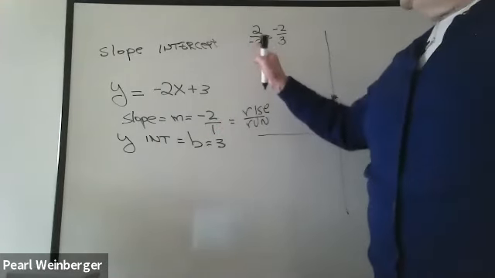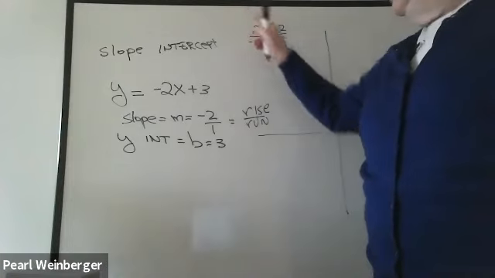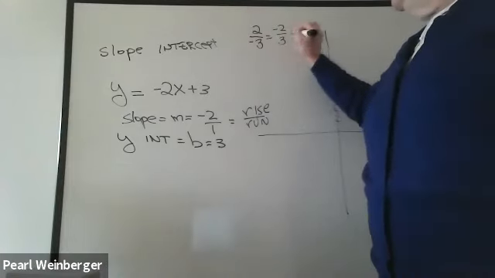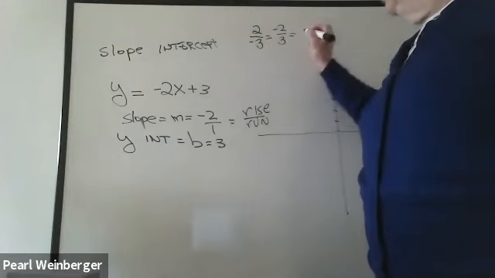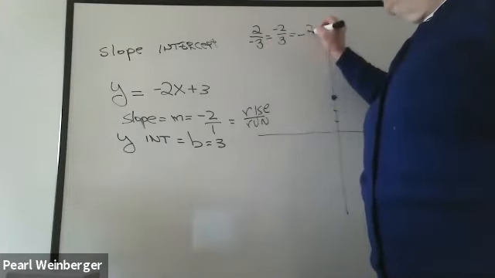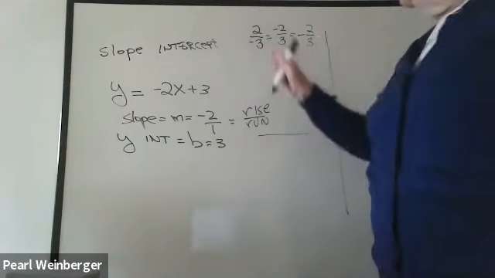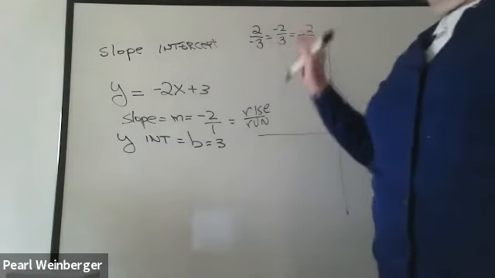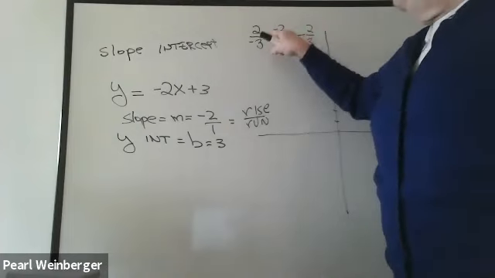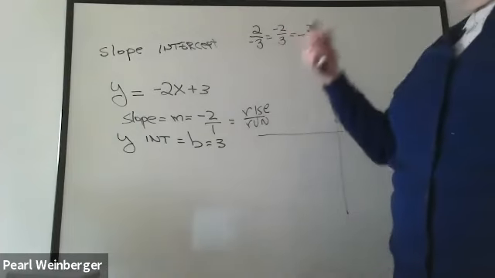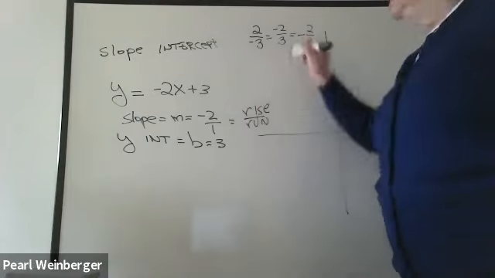These all mean the same thing: 2 over negative 3, negative 2 over 3, or even a negative in front of the fraction. One negative can be in the denominator or in the numerator or right in front. They all mean the same thing.